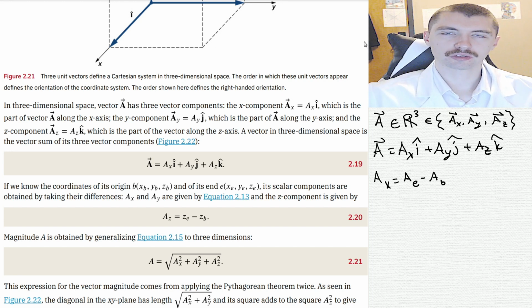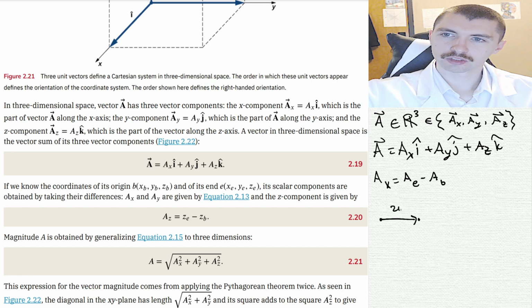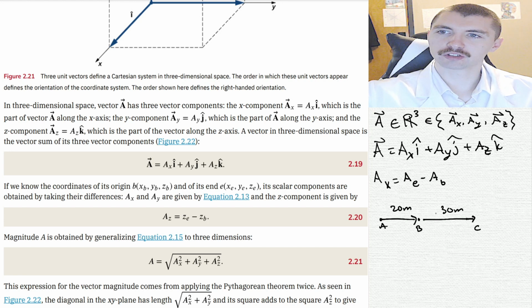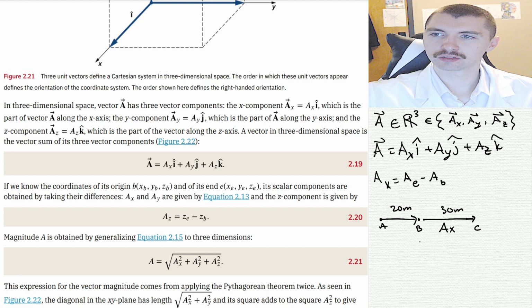So if I drive 20 meters and then I drive 30 meters, and I want this to be my magnitude, then it's going to be 50 minus the 30, because that's the beginning of this.